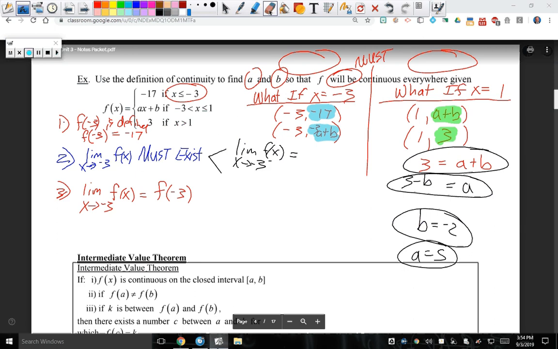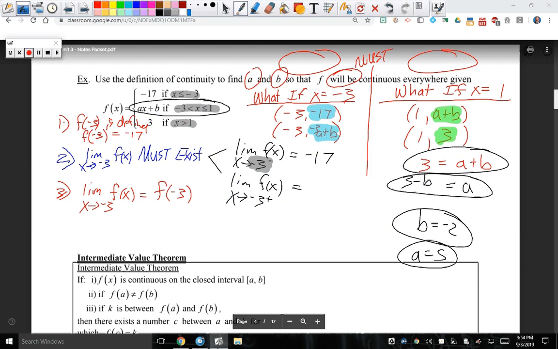Which of the domains, 1, 2, or 3, am I going to use for that? 1, right? Because I'm approaching negative 3 from the left, so that means it's less than negative 3. So this is negative 17. The limit of f of x as x approaches negative 3 from the right, which one am I using? The other one, right? And what am I going to put here? 5x minus 2.